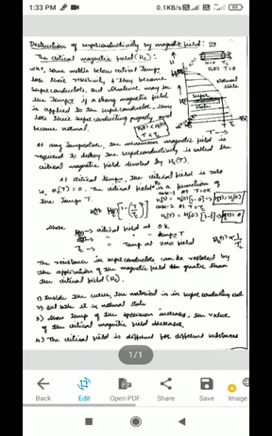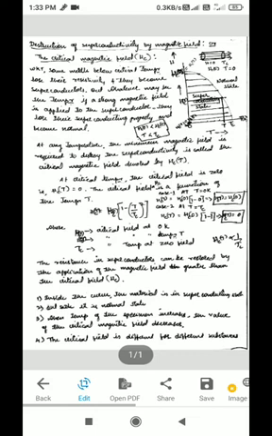We know that some metals below critical temperature lose their resistivity and become superconductors. But whatever the temperature may be, if a strong magnetic field is applied to the superconductor, it loses its superconductivity and becomes normal.